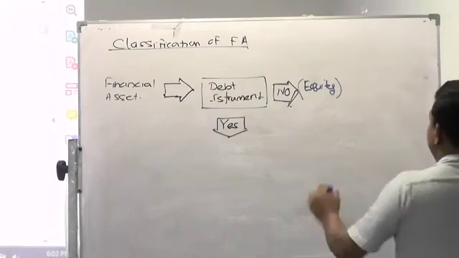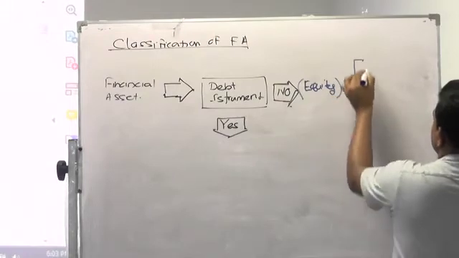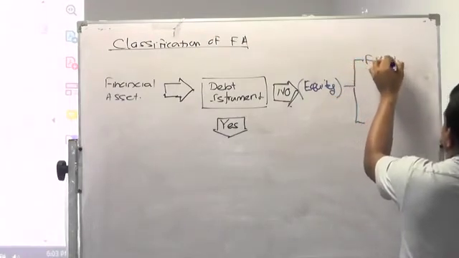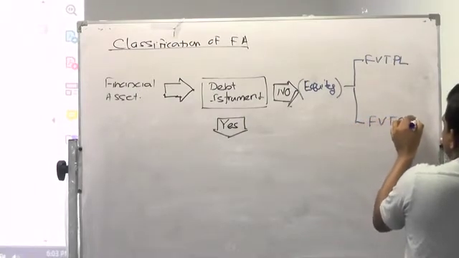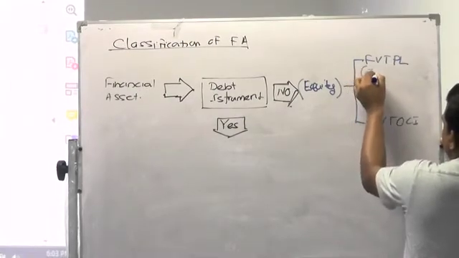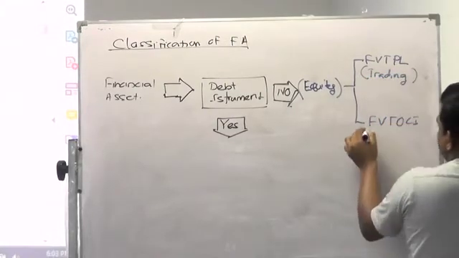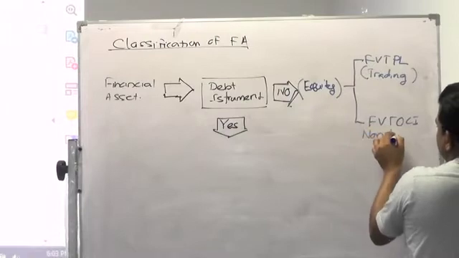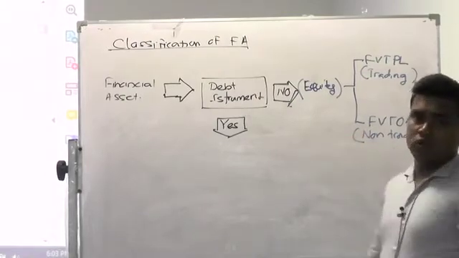If it is equity, it will be measured at fair value through P&L or fair value through OCI only. For trading purposes, fair value through P&L. Non-trading, fair value through OCI.